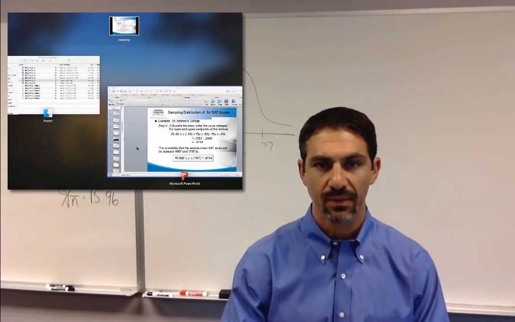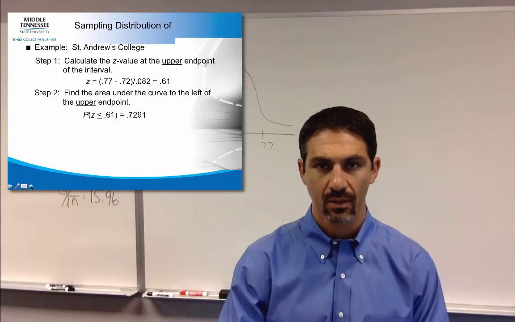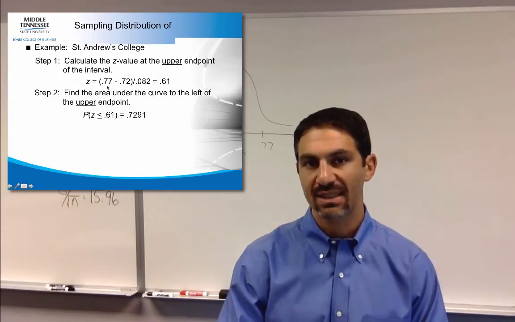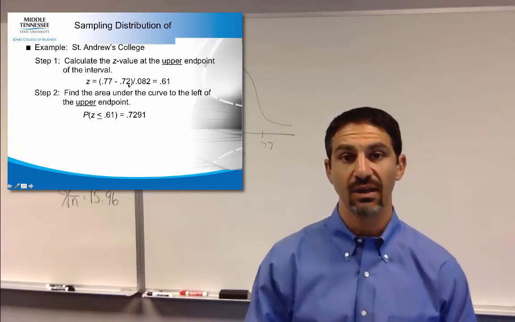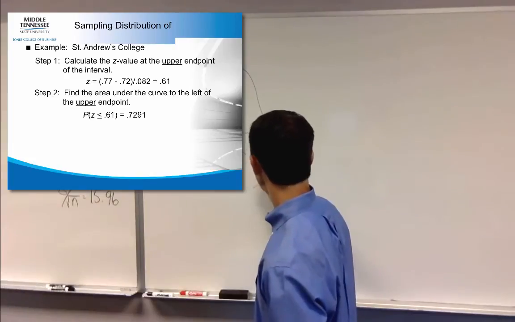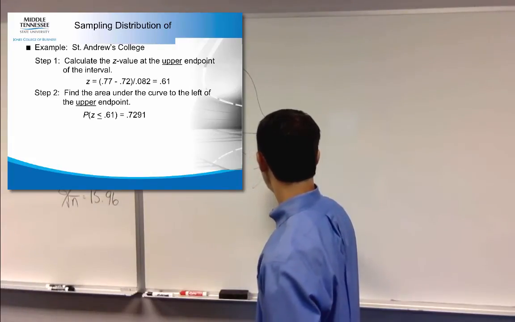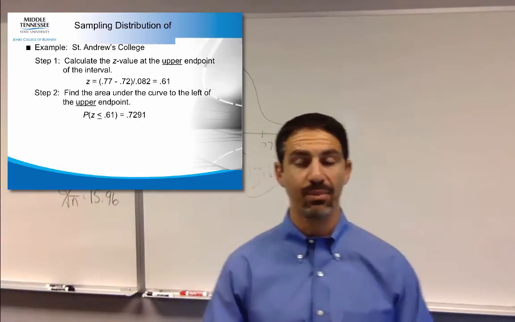And when we do that, we end up taking 0.77 minus 0.72 and then divide by standard error, and that's what gets us 0.61. So the z-score at this point is 0.61. Okay, what do we do with that 0.61?